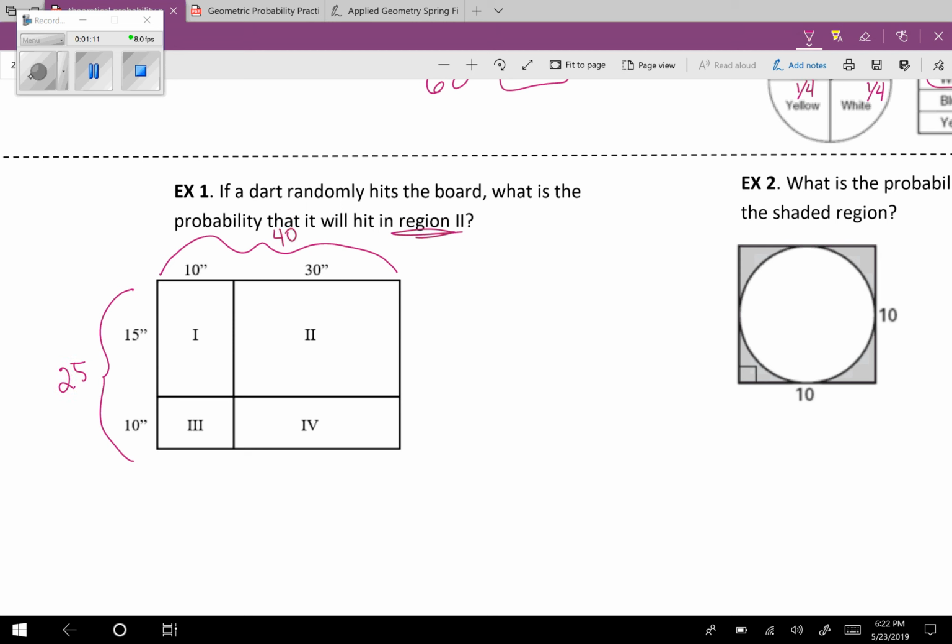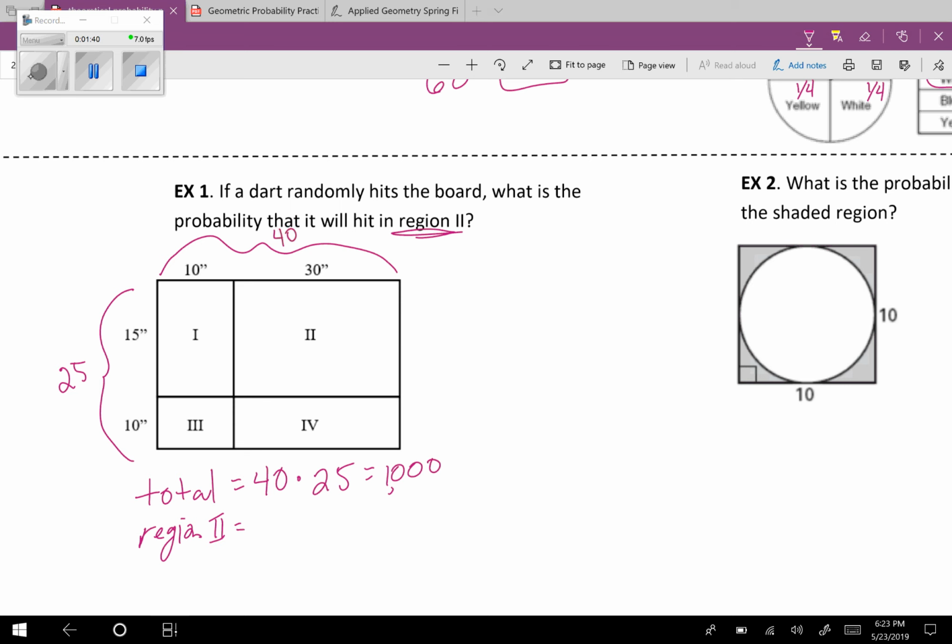So my total area is going to be 40 times 25, because this is a rectangle, so you have to find the area of a rectangle. So do 40 times 25, and you get 1,000. Okay, so that's your total. Now, region 2.